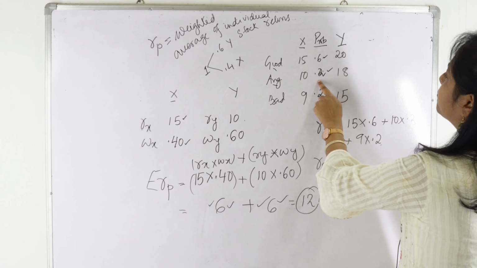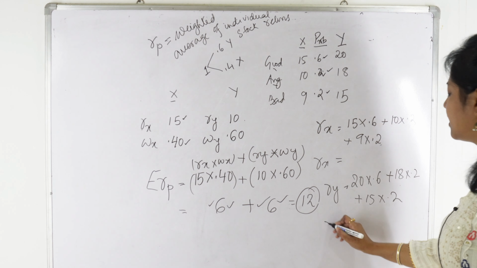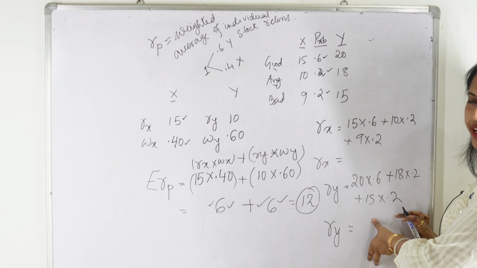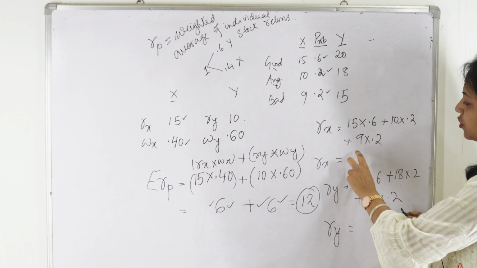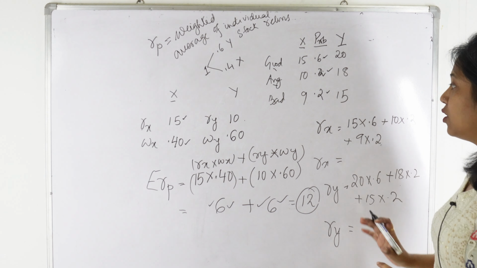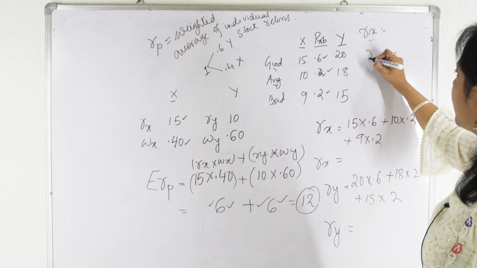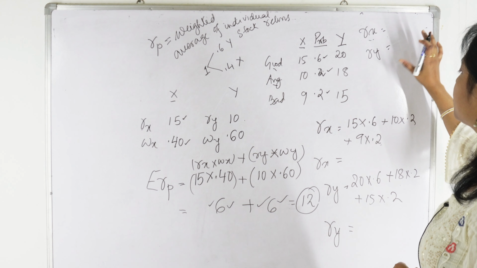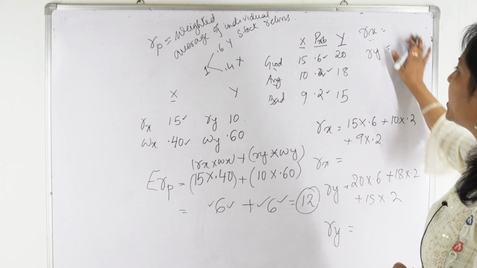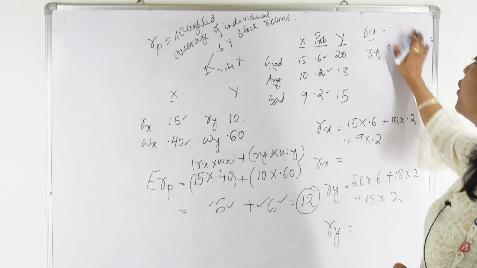So I am multiplying these values with the probabilities, and when I sum them all I get the expected return of security Y. So this will be the expected return of security X, and this will be the expected return of security Y. Now, given Rx equals something and Ry equals something, if I want to know the portfolio's overall expected return, what is the overall expected return?